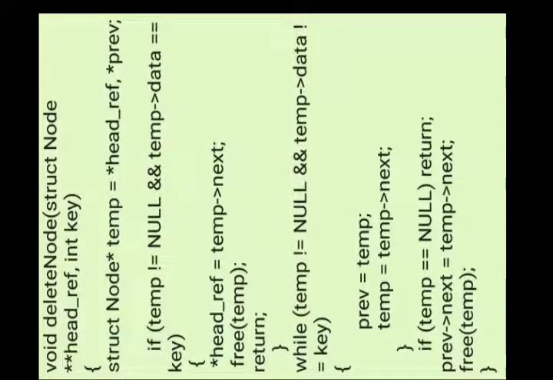Then come to the while part. While temporary is not equal to null and temporary data is not equal to key, then change the pointers. That is, change temporary as previous and temporary as temporary next. Imagine if many nodes are connected in a singly linked list and the key you have given is not found in the list, then you have to traverse through the entire list in order to find the key to be deleted.